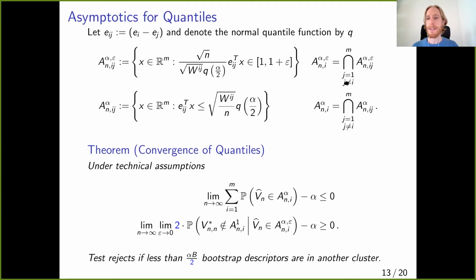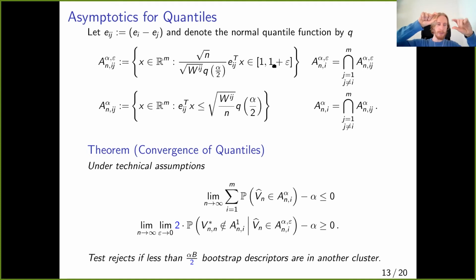And then we take an intersection of all these sets for all j's. So here we say our ith minimum is lower by a distance of the alpha half quantile than all the other minima, okay? And not exactly, all the other minima are in a thin band of 1 to 1 plus epsilon, right?